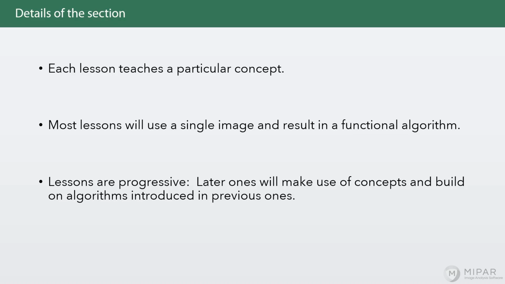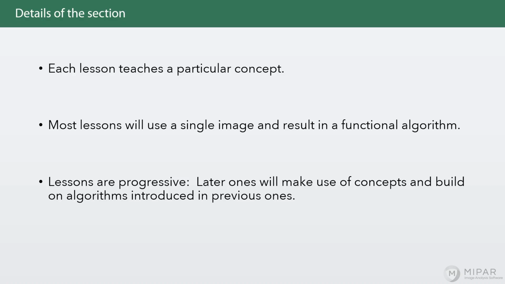So each lesson that we have will teach a particular concept, and the image will be one that really makes good use of that concept. And so most lessons will use a single image and result in a functional algorithm. There are a couple of exceptions, but those are rare.